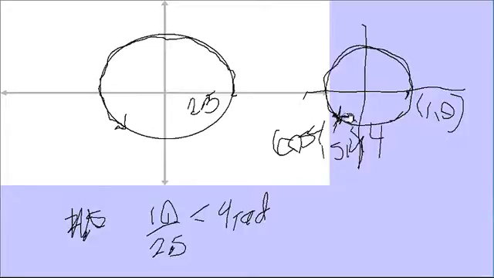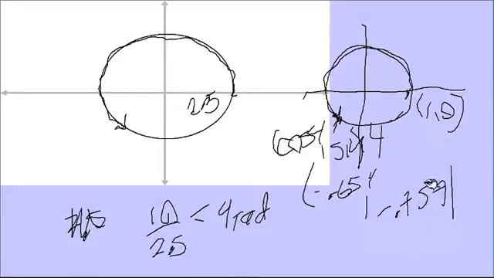So this ordered pair is negative 0.654 and negative 0.757. This is the horizontal distance relative to the vertical diameter, and this is the vertical distance relative to the horizontal.